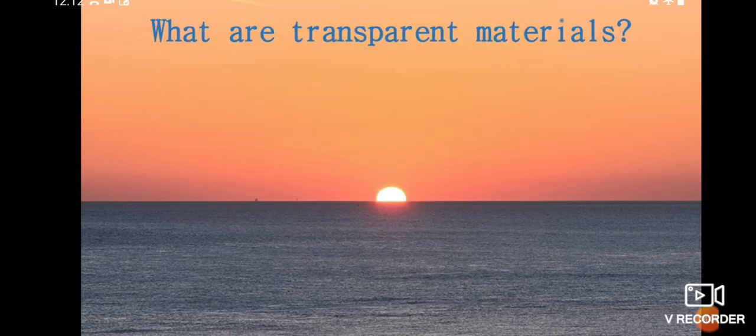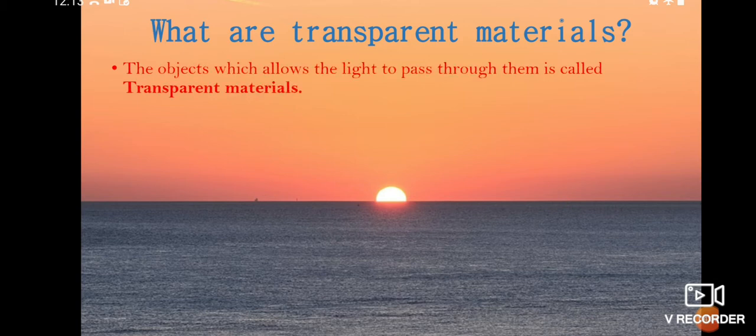Now I am asking you a question: what are transparent materials? We have so many transparent materials around us. The objects which allow light to pass through them are called transparent materials. When the light ray comes from the air, it reaches the surface of the material, and again it releases the light ray on the other side.